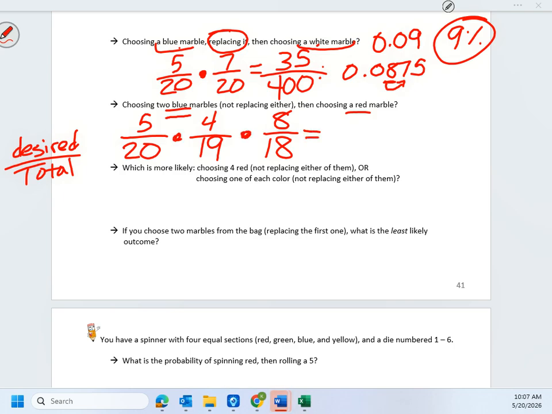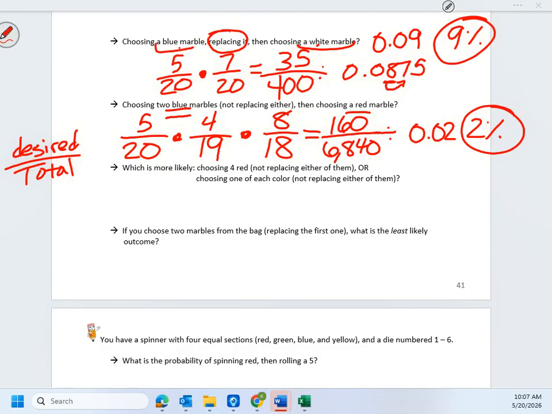We multiply them all across. 5 times 4 times 8 is 160. 20 times 19 times 18 is 6,840. We're going to divide, and we get 0.02, or 2%. There's a reason why we're doing this page together, so we can catch those tricky ones, okay? You really have to pay attention to all those little details.